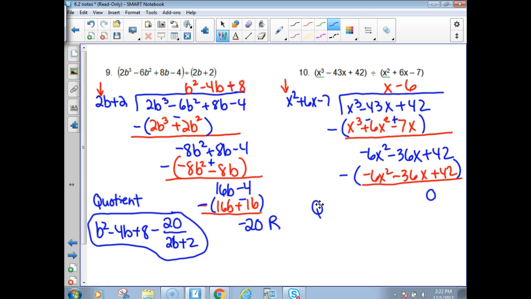So what's the quotient? The quotient is simply x minus 6. And the factored form, you can do this one because it got a remainder of 0, would be x squared plus 6x minus 7 times x minus 6.